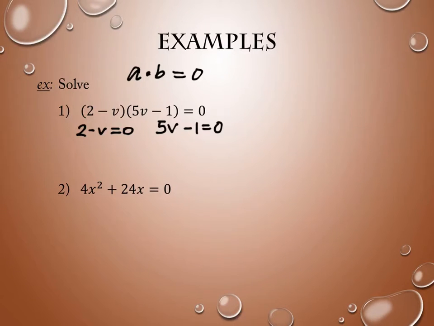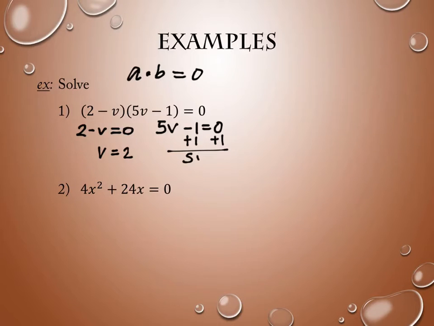So on the first one, what would v equal? Can you just eyeball it? 2 minus v equals 0. What's v? It's 2. Right? 2 minus 2 equals 0, so v is 2. On the second one, you might not know it right off the top because there are two steps to this process.